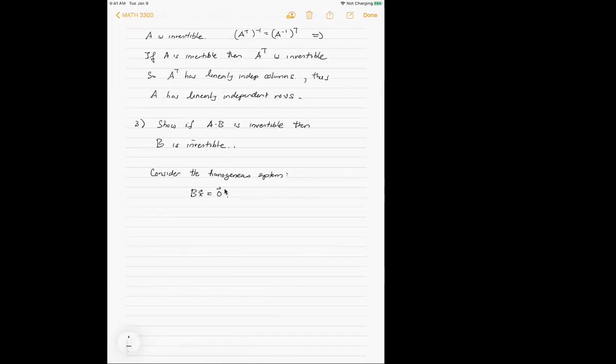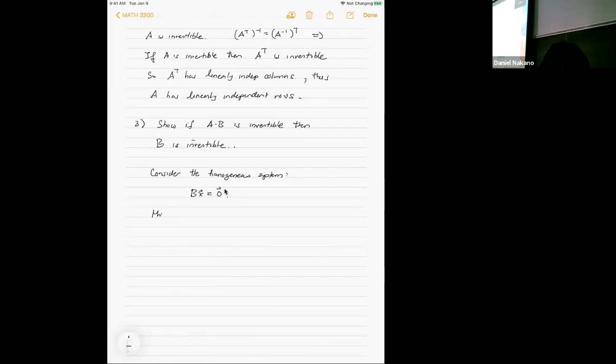Right. Now multiply both sides by A. So I have A times Bx equals A times 0, which is 0. So I have AB times x is equal to 0.